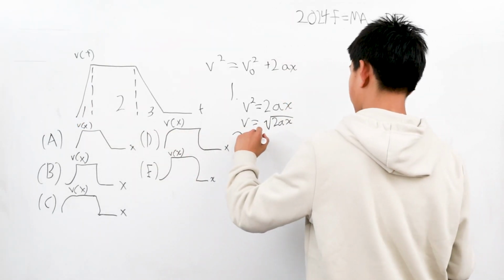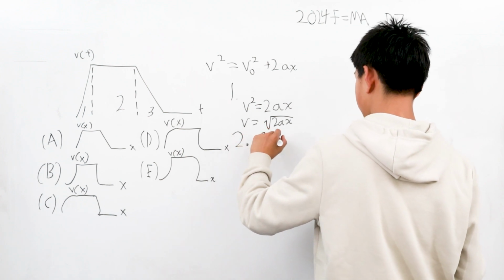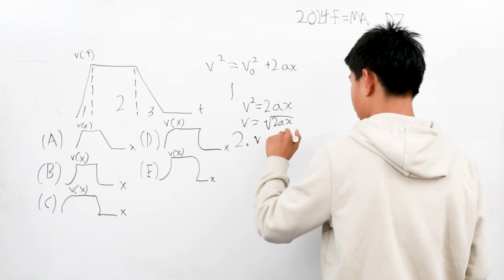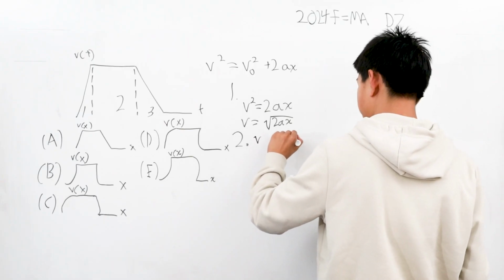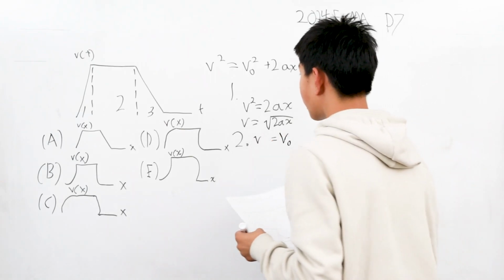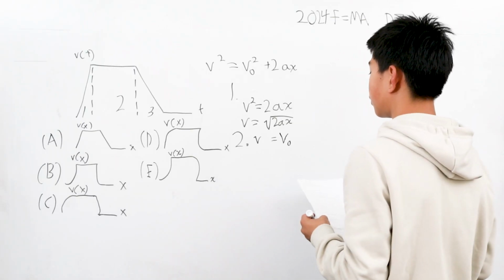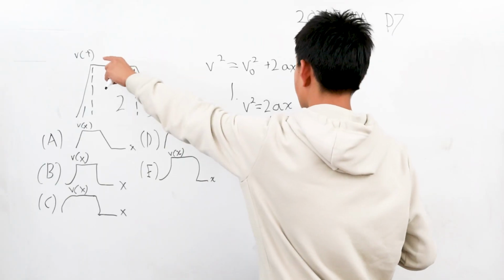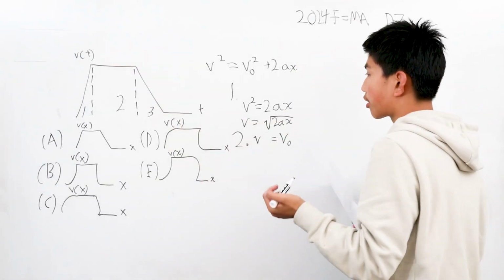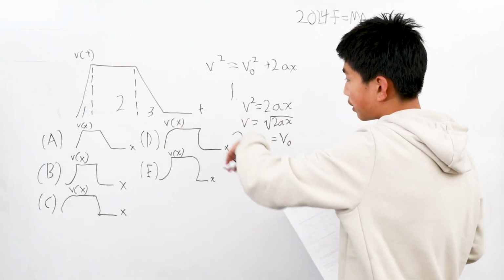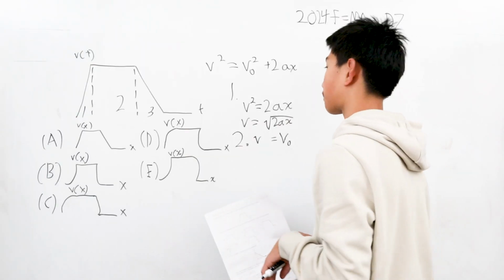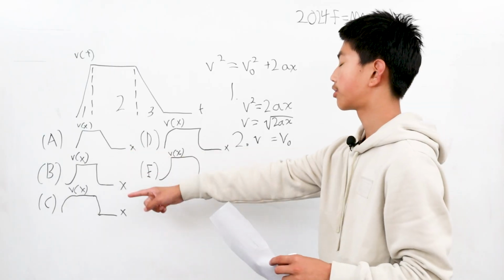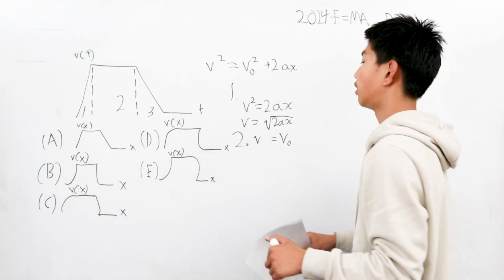So we now know that our velocity is equal to our velocity 0. So this is just a straight line. That straight line is constant throughout the whole shape of this graph, and you'll see in the answer choices, this is always true because there's always that straight line in the middle.